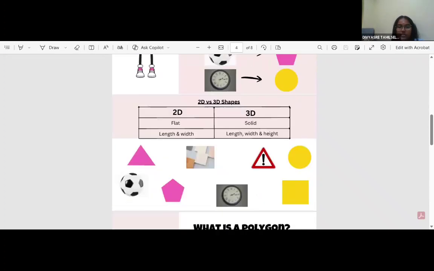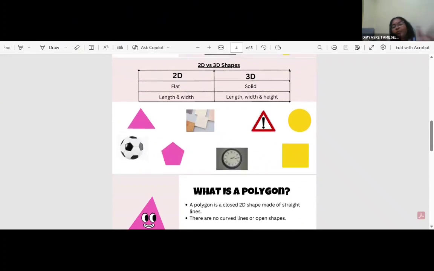Before we continue, I just want to know what is the difference between 2D and 3D. I think we have learned this before in your primary school times. 2D shapes are mostly flat, and 3D is mostly visible and its height.